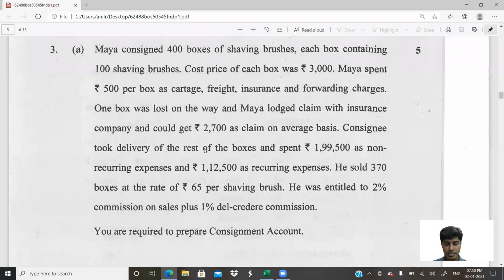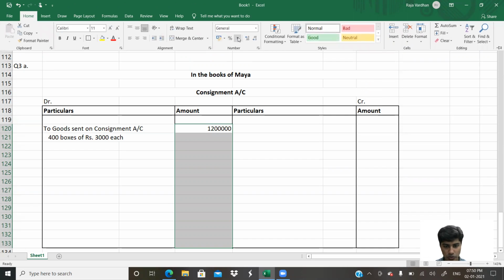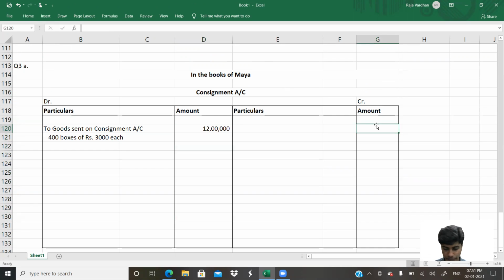Do you get that? 400 into 3,000, right? Ouch. Did I put 300 here? Yes, I put 300. It becomes 12 lakh. Just make this an amount kind of a thing so that it becomes easier for us to see. Yeah, that becomes 12 lakhs.